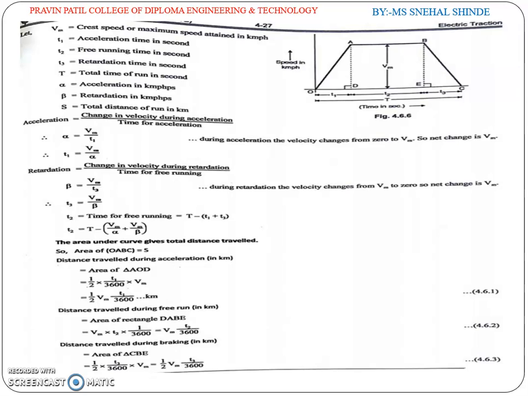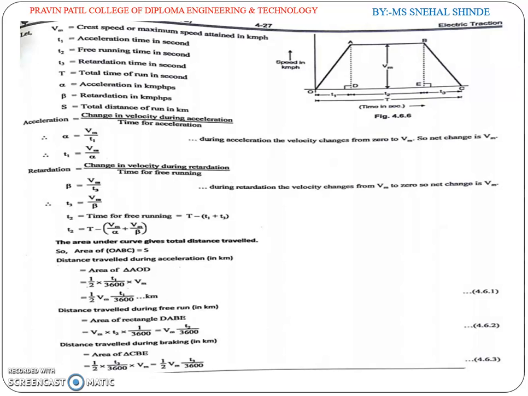Distance travelled during the free run in kilometer: the area of the rectangle DABE is Vm into T2 into 1 divided by 3600, so we get Vm into T2 by 3600.